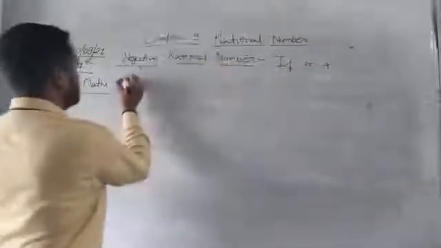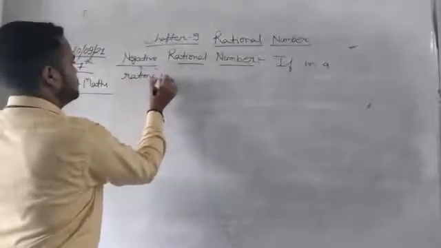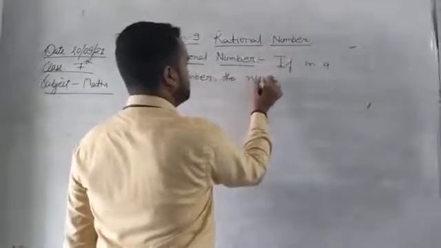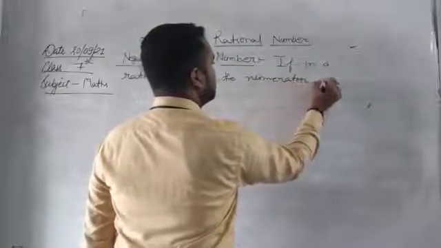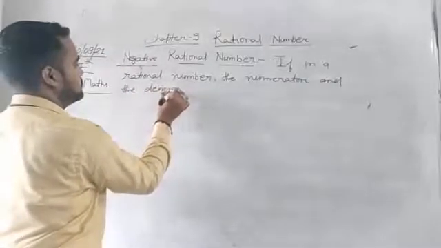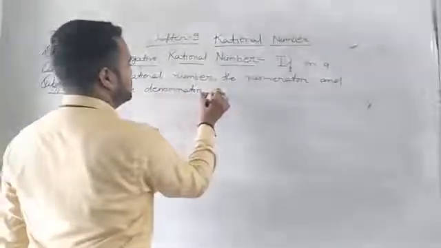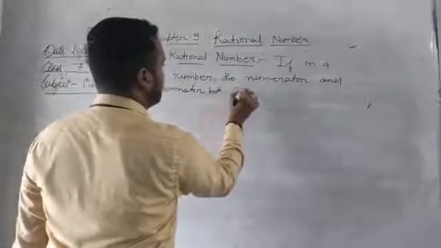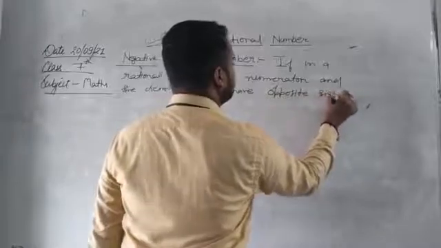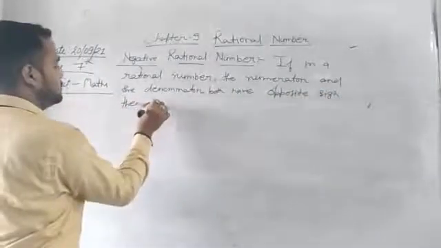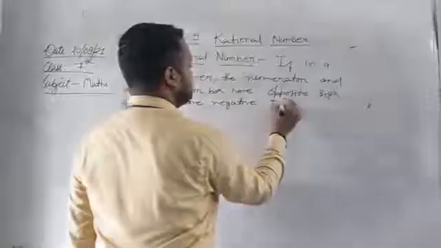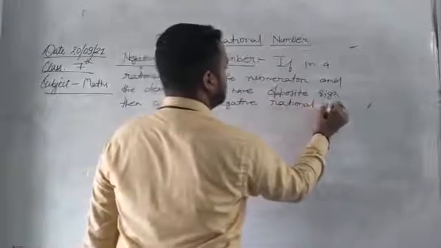In a rational number, if the numerator and the denominator have opposite signs, then we have a negative rational number.